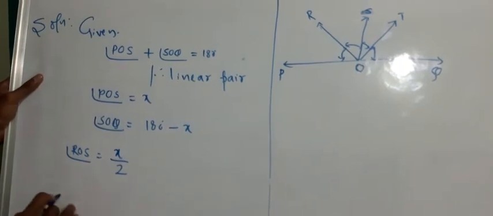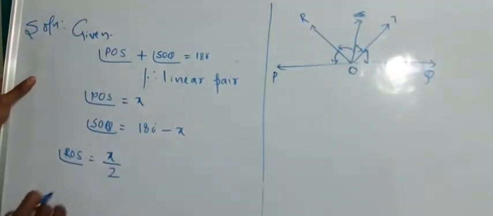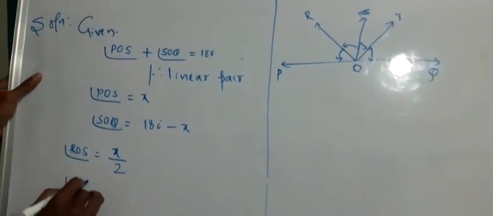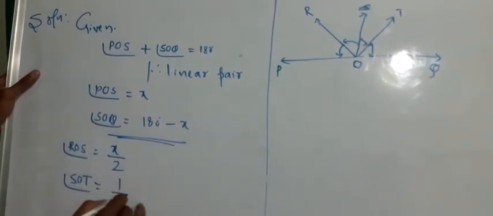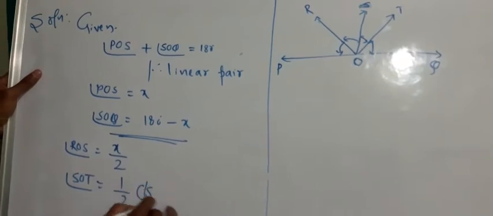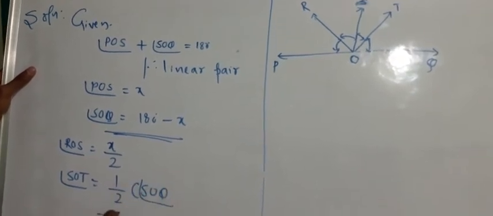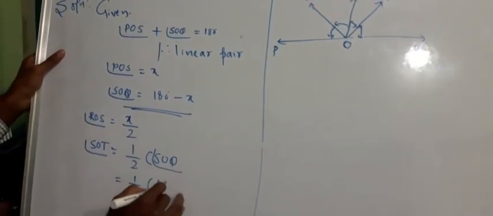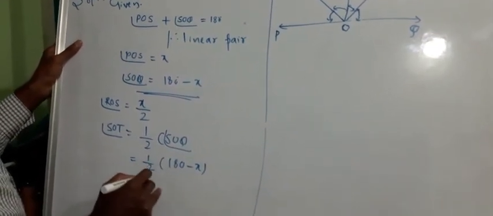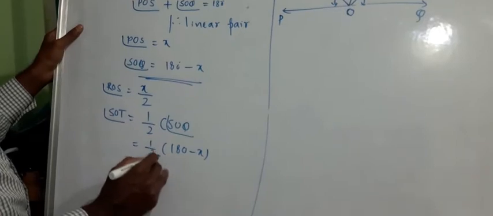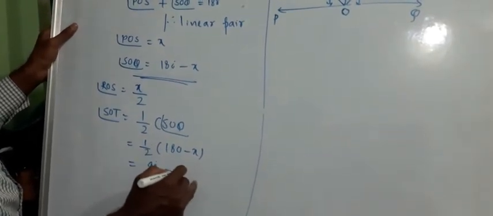Next, I need to calculate SOT. What will be SOT then? Angle SOT will be half of this angle, half of angle SOQ, that is 1 by 2 into 180 minus x, which is equal to 180 divided by 2, that is 90 degrees, minus x by 2.